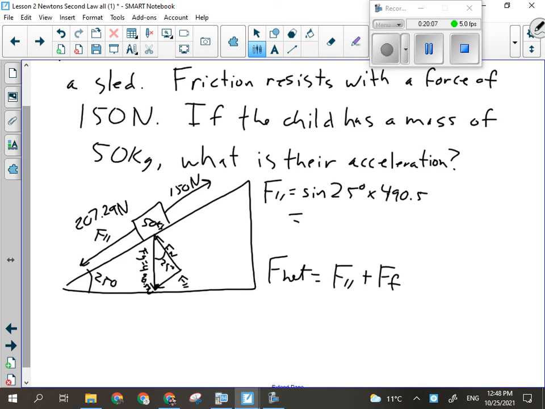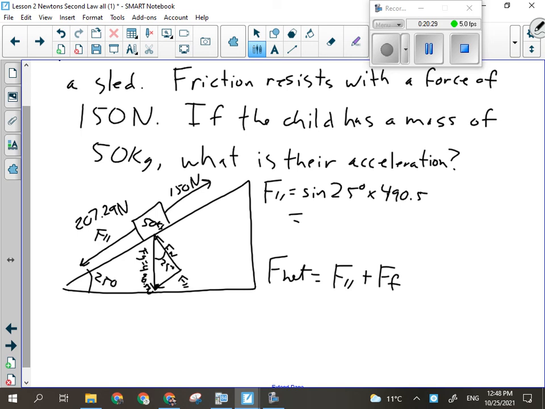Well, it doesn't cancel out with the normal force, but when I calculated F parallel, it was already the vector sum of these two forces. Or more simplistically, this thing's not going that way. It's not going straight down. Gravity has no part to play here. F parallel is pulling down the ramp, friction's acting up the ramp.